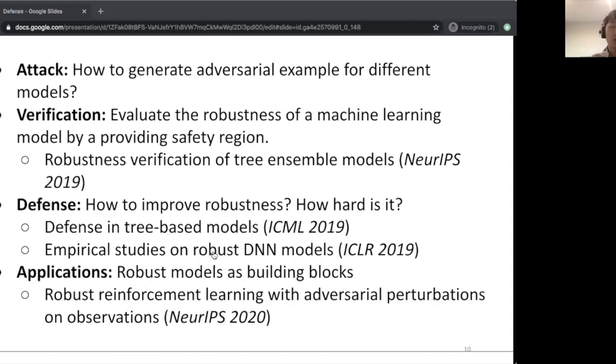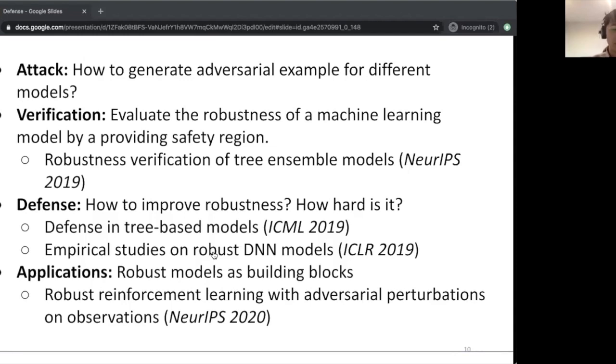So in this talk, I'm going to present 4 of my works during the past few years. Basically, they are in the adversarial verification problem. So we have the robustness verification for tree-based models. In defense, we will present a defense also for tree-based models, and we'll have an empirical study on the robustness of deep learning models.